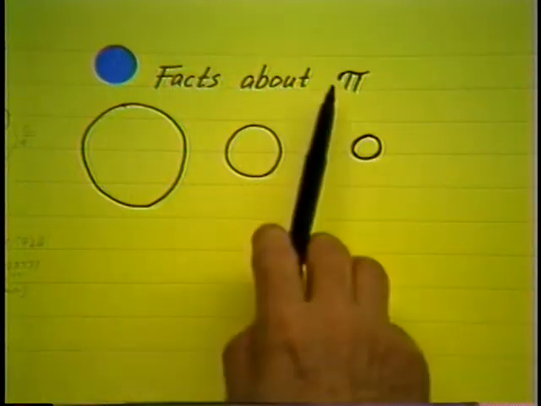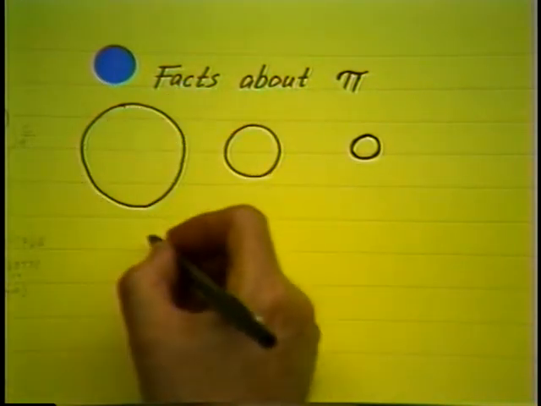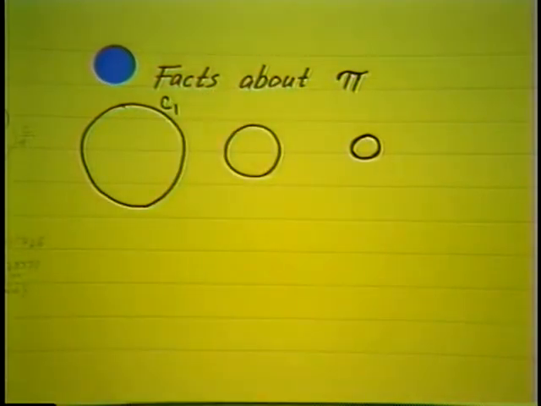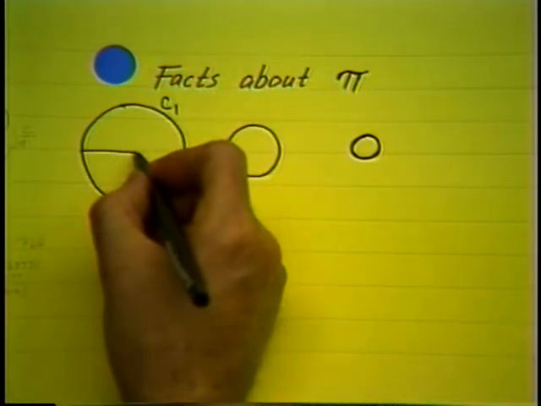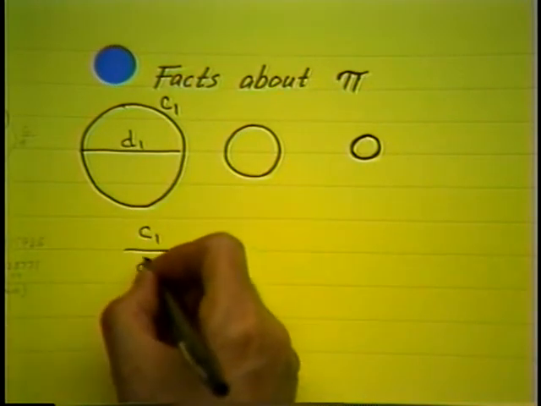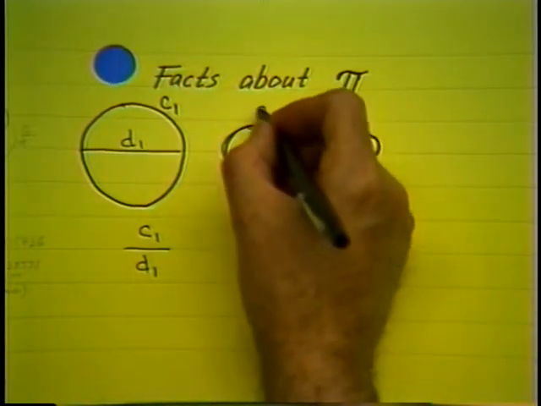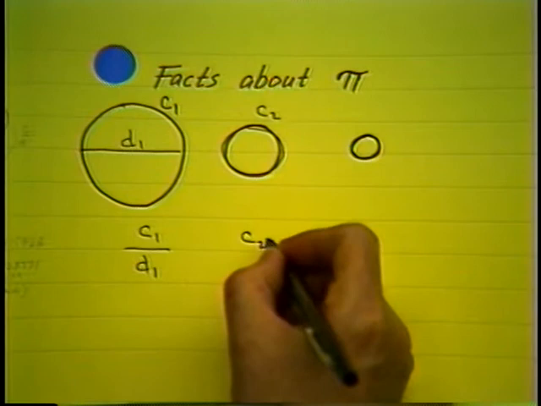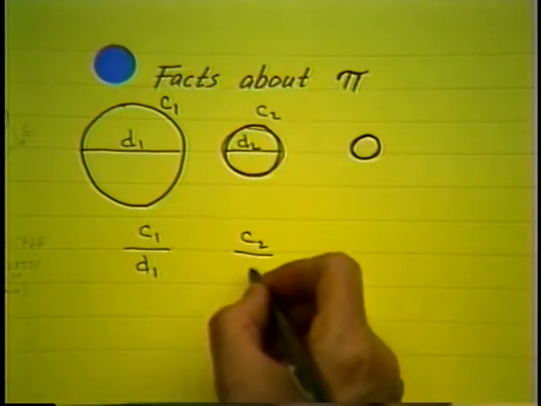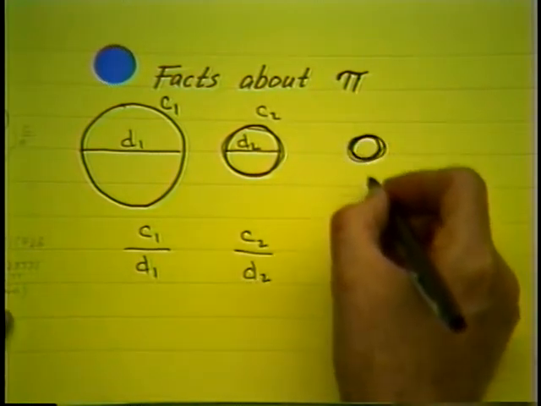Now where did that value for pi come from? If you were to take a circle and measure its circumference, I'll call it circumference 1, and divide it by its diameter, I'll call its diameter 1, then measure the circumference of another circle, I'll call that circumference 2, and divide it by the value of its diameter, I'll call that diameter 2, and do that to any circle you could draw.